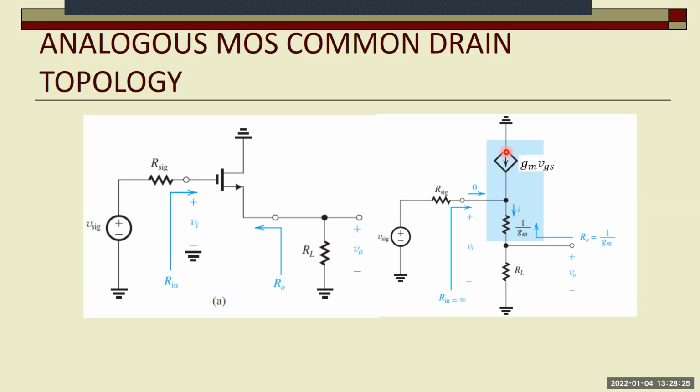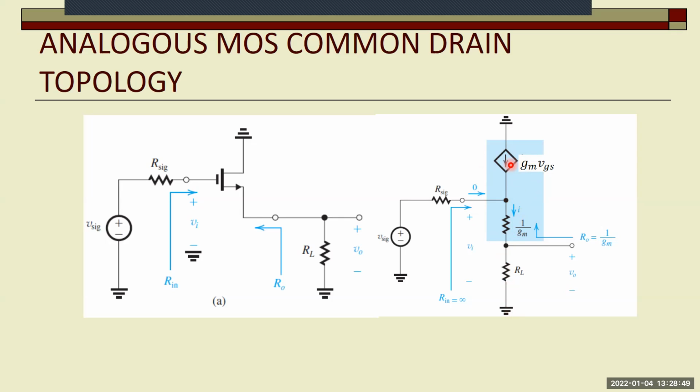The T equivalent small signal circuit consists of 1 over gm and gm VGS. So what is the output voltage? Output voltage is RL times the dependent source, gm VGS.